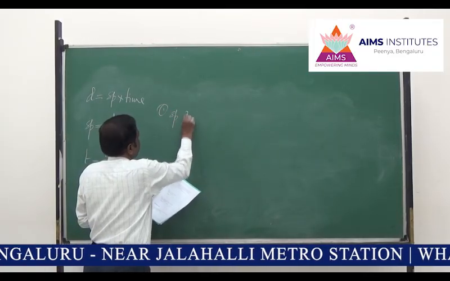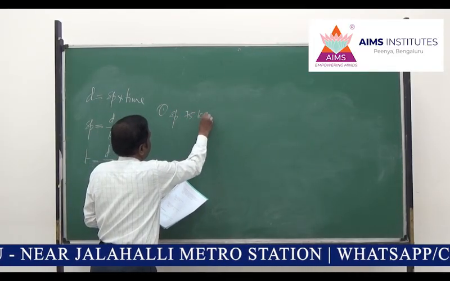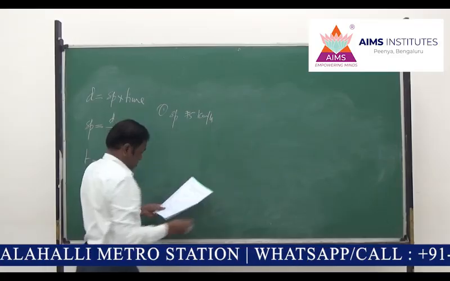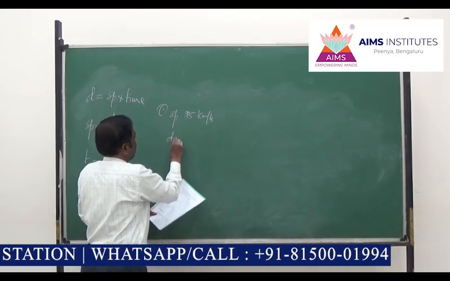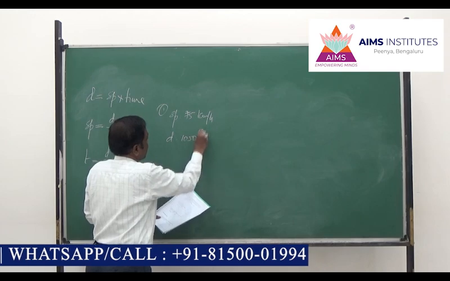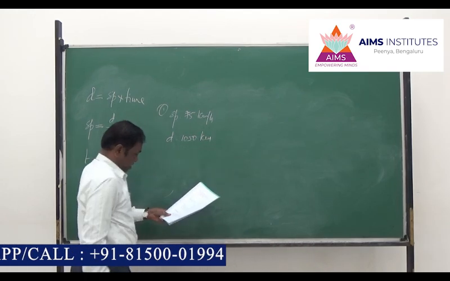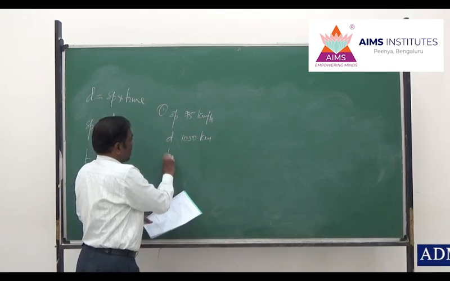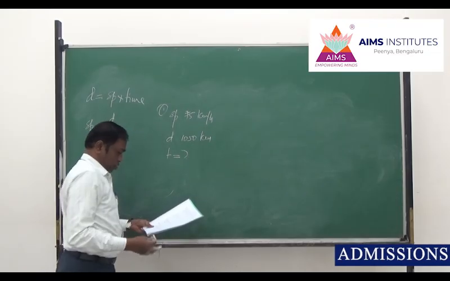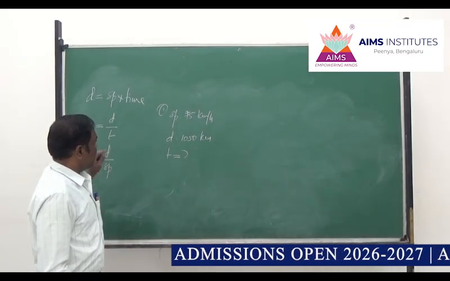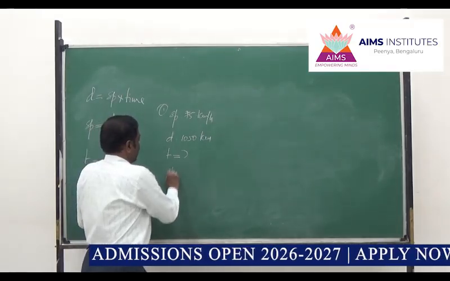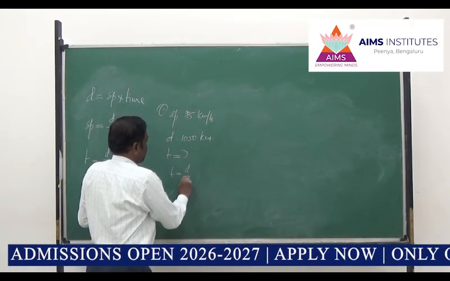Speed is given, 75 kilometers per hour. If the distance is 1050 kilometers, how long, meaning time? How many hours? Options are in hours. Time is equal to distance by speed.